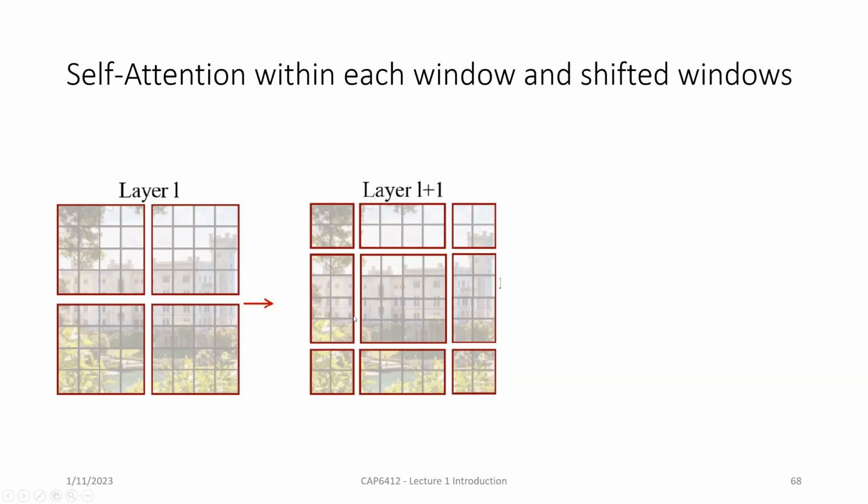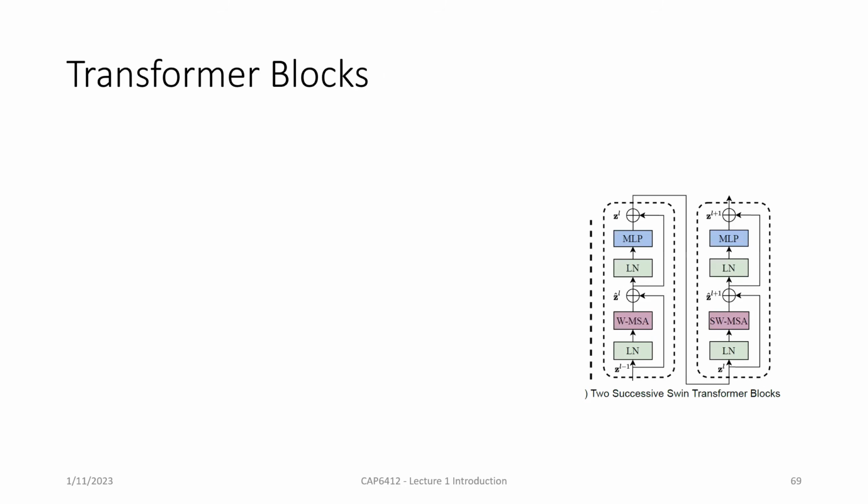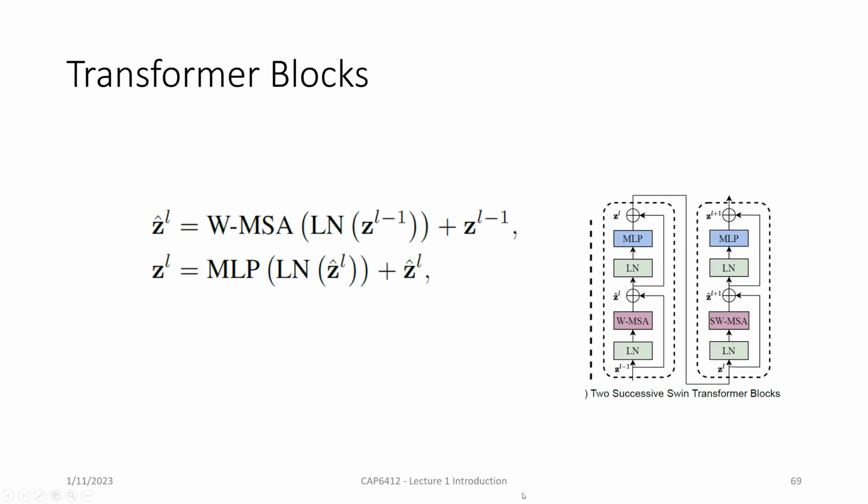It's making a difference because now in the second layer you're getting attention from more than 4 by 4. You're getting the other half of the window also, which is interesting. So we have the page, which is the small one here, and the window is a big one, and that's the way it works.